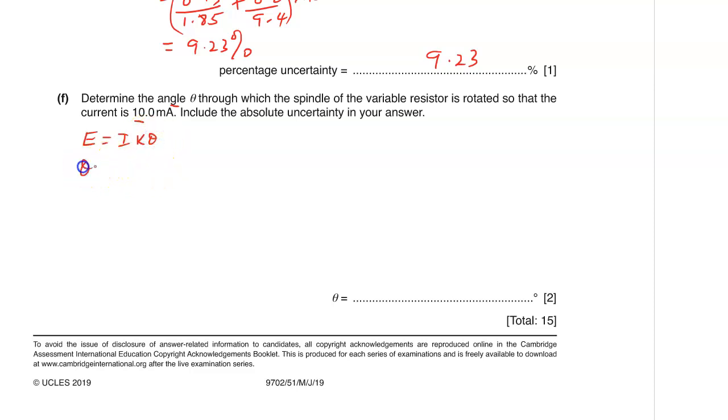We want theta, so theta is equal to EMF divided by current and K. The EMF here is 9.4, over the current of 10 milliamperes, 10 times 10 raised to the power minus 3, times the value of K, which is a constant, which I've gotten.